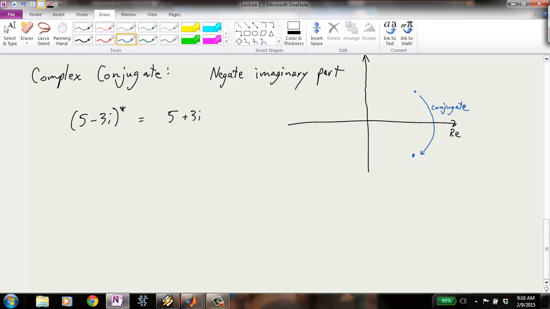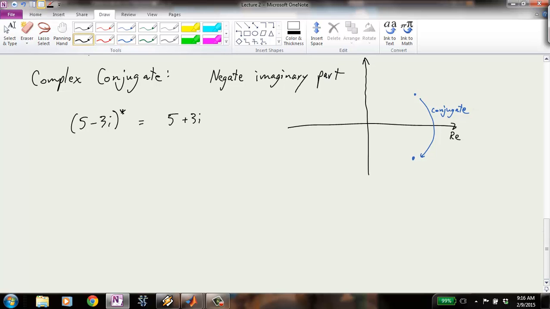Complex conjugates behave nicely in things like products, for example. First of all, if you have a number in polar coordinates, a e to the i theta, the conjugate, as you can see from the graph, is just going to be a e to the minus i theta. You just negate the phase, so the conjugate keeps the magnitude the same and makes the phase negative.